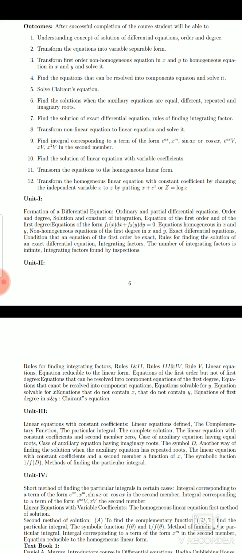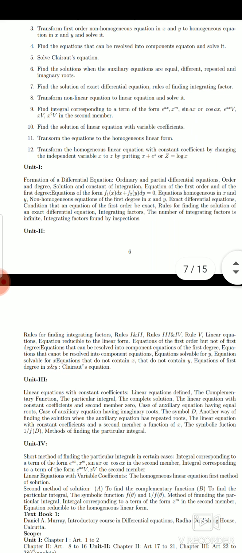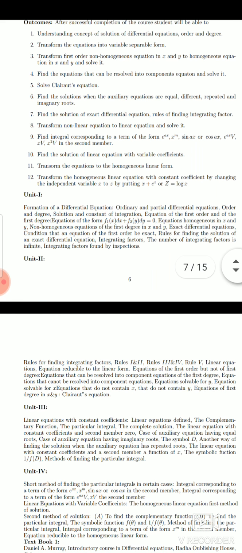Transform the equation to the homogeneous linear form. And last outcome in this paper, transform the homogeneous linear equation to constant coefficient by changing the independent variable x to z by putting x equals e to the power z, or z is equal to log x. These are the outcomes of this paper.